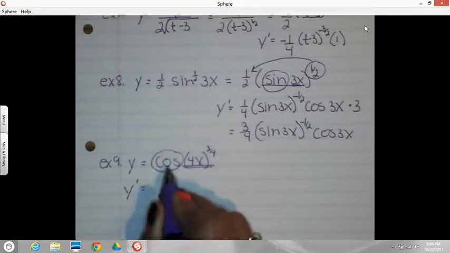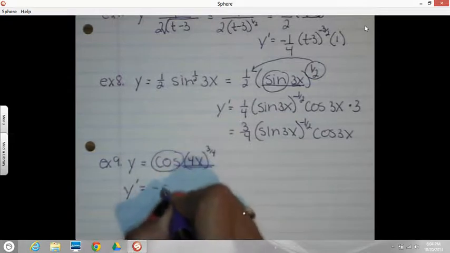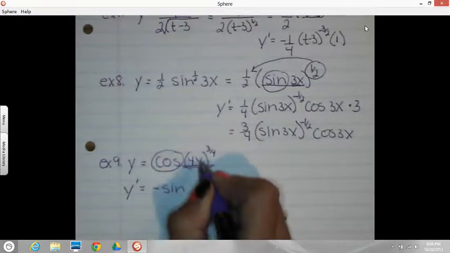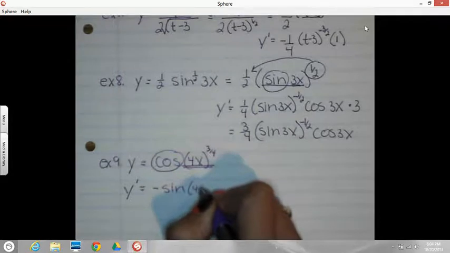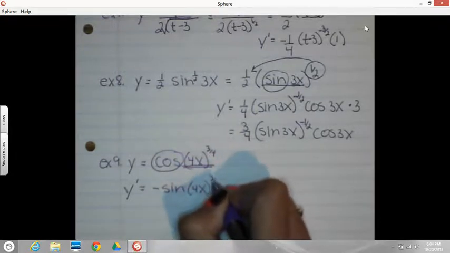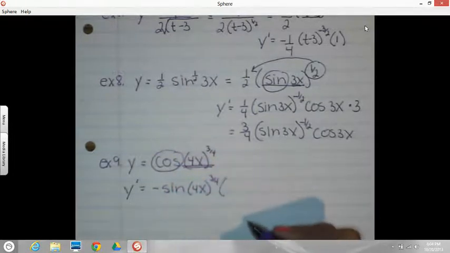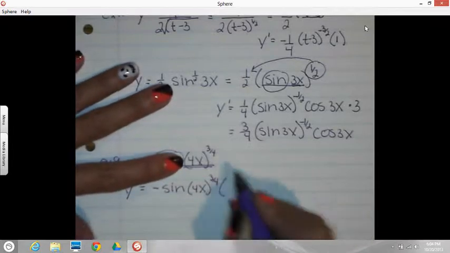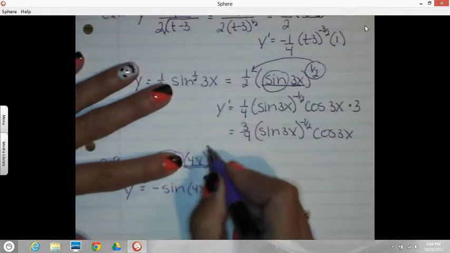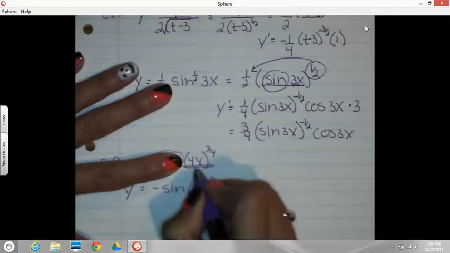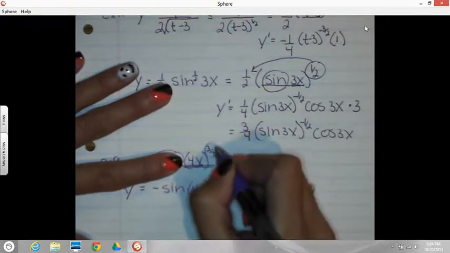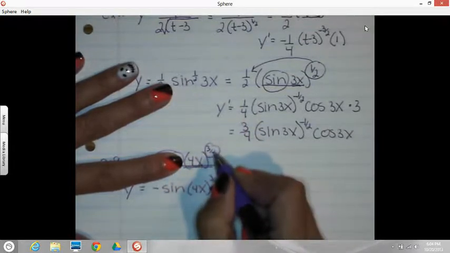Derivative of cosine is negative sine. Keep the angle exactly the same, times the derivative of the inside. The inside is this angle, this whole angle. Well, this angle has an inside and an outside. So I'm going to start out here with the outside.